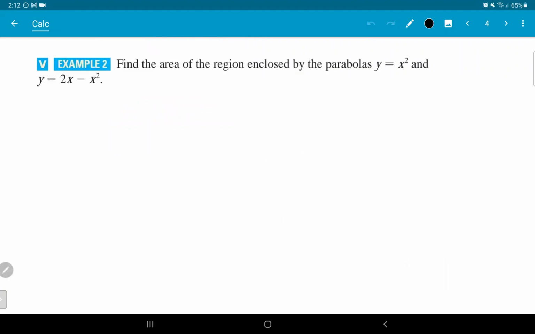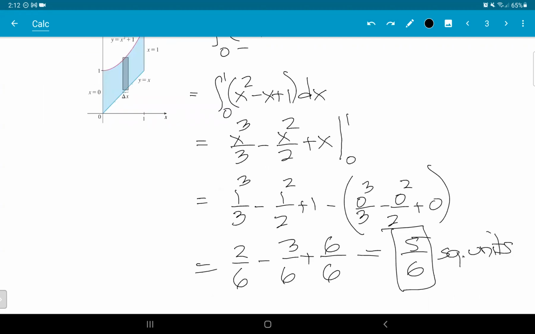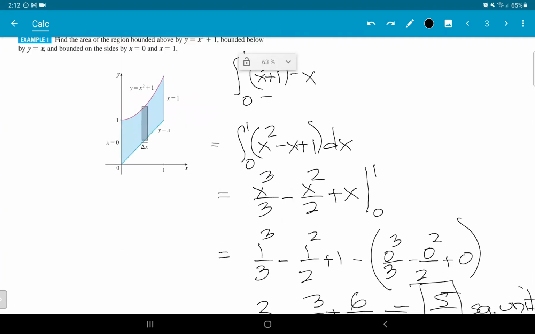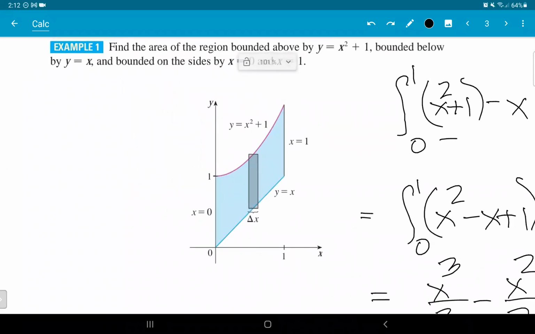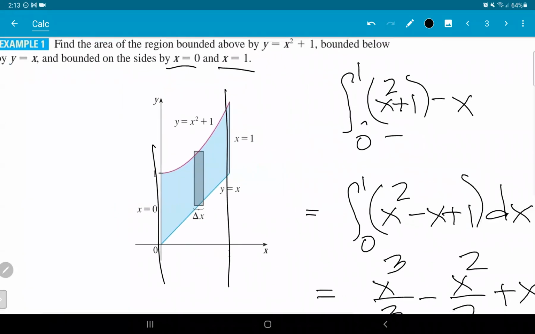Now, sometimes, I'm not sure if this will be included, but let me discuss it anyway. Sometimes you will not be given the lower and upper limits, okay? As in the previous example where it's given that the sides are bounded by the vertical lines x equals 0 and x equals 1, which makes it easy for us to put the lower and upper limits in our integral.